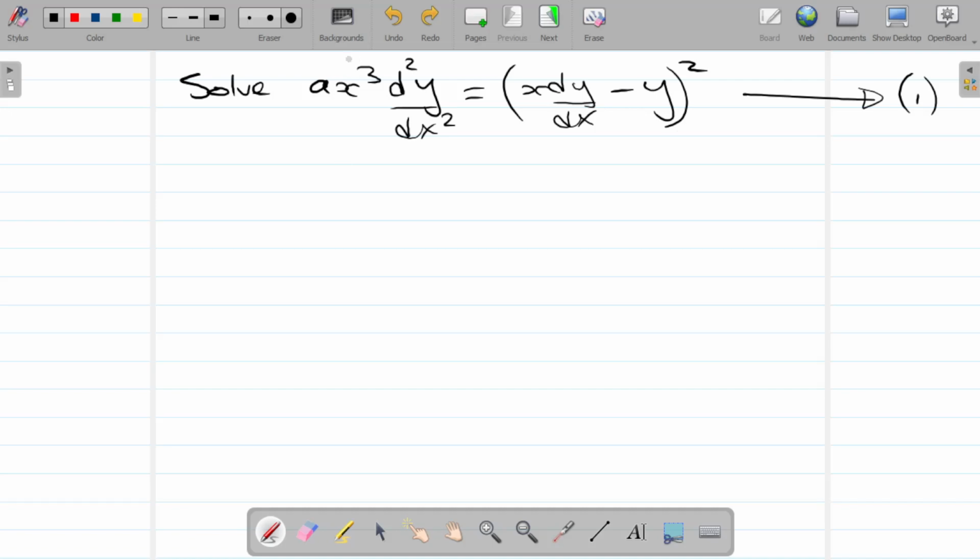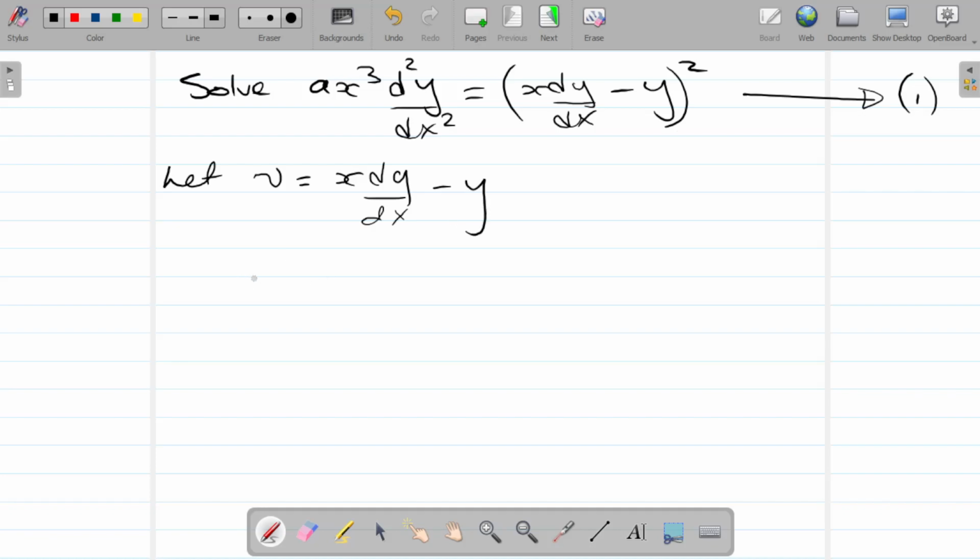Well, the best way to start with this one is to let v be equal to x dy by dx minus y, right?